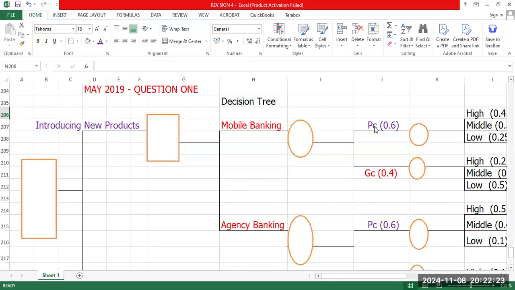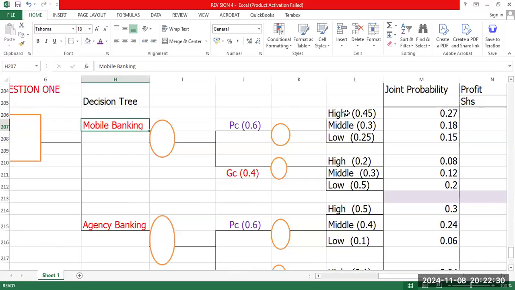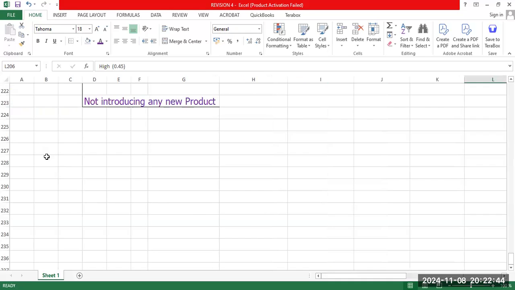You expect platinum customers with high income. Now the question is, how much will you generate as profit from high income platinum customers under mobile banking? So since it is not direct, we are going to do a working.